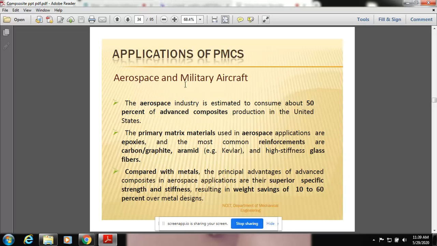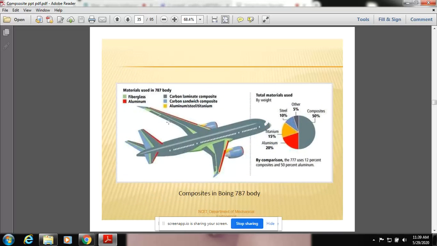Due to that, the polymers are going to have very much application in aerospace. And just see this figure. That is how this PMC is going to be used in a composite, that is the Boeing 787 body. See, I just mentioned a body here, and I gave the variation.